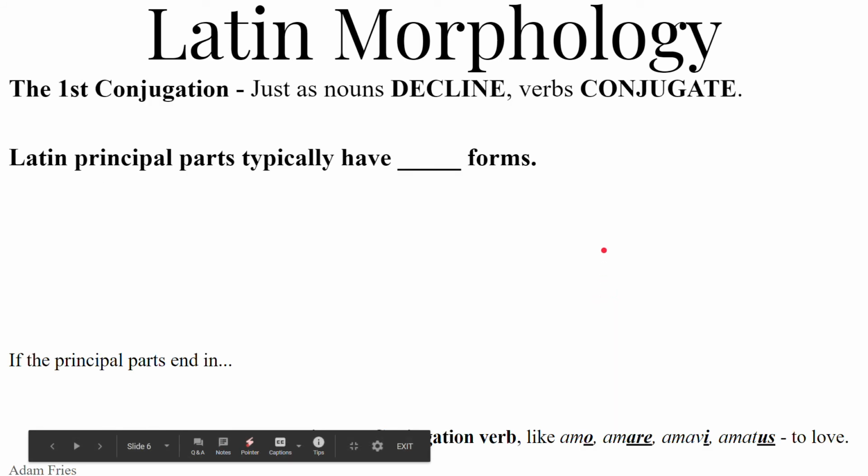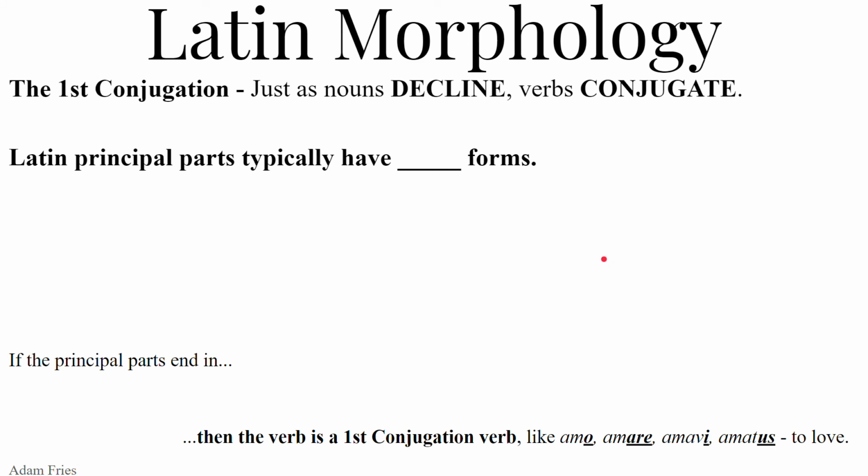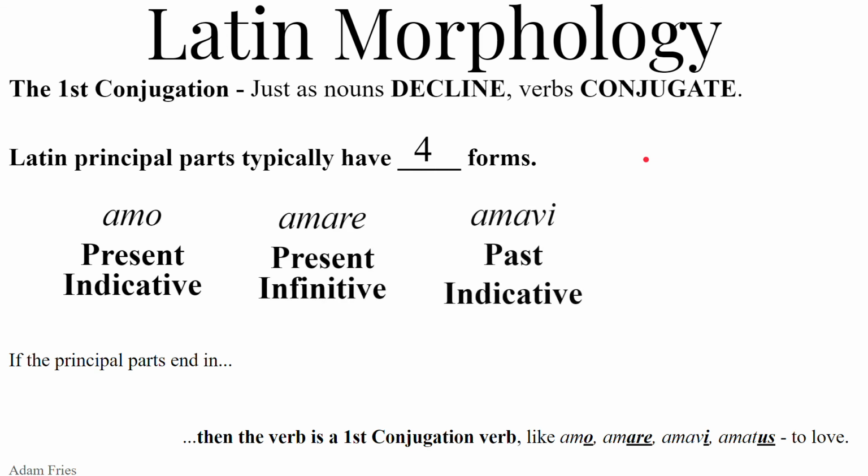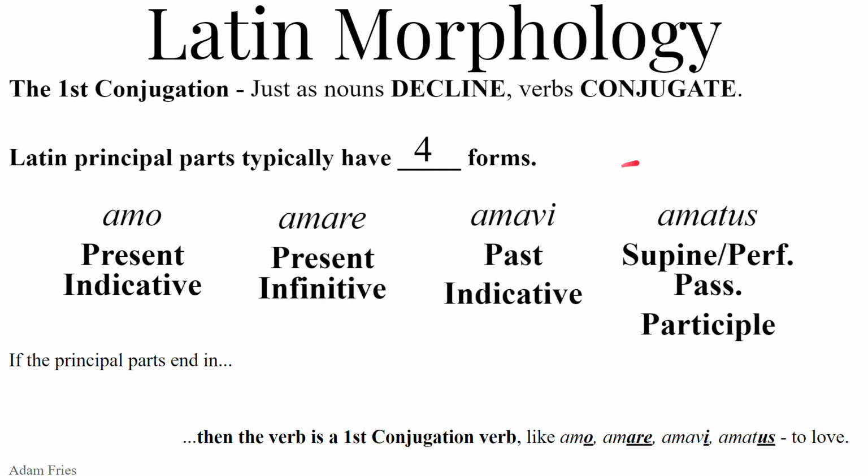So, for conjugating Latin's present tense, you first need to know the principal parts of Latin verbs. So you need to know all four principal parts. Latin verbs typically have four principal parts like amo, amare, amavi, amatus. They are named the present indicative, the present infinitive, the past indicative, and the supine, also called the perfect passive participle.